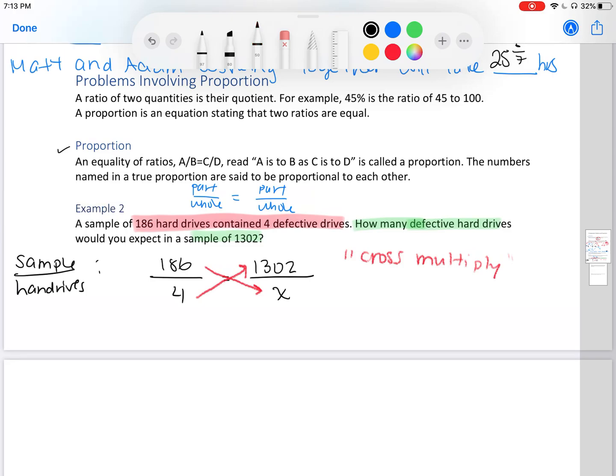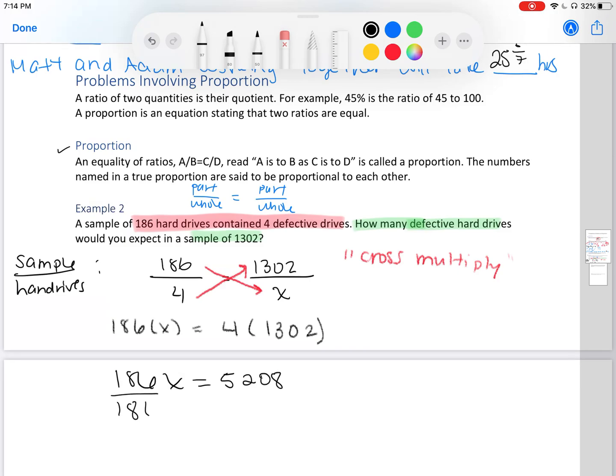All right, so we have 186 times x and 4 times 1,302. So we have 186x equals 4 times 1302. We get 5,208.